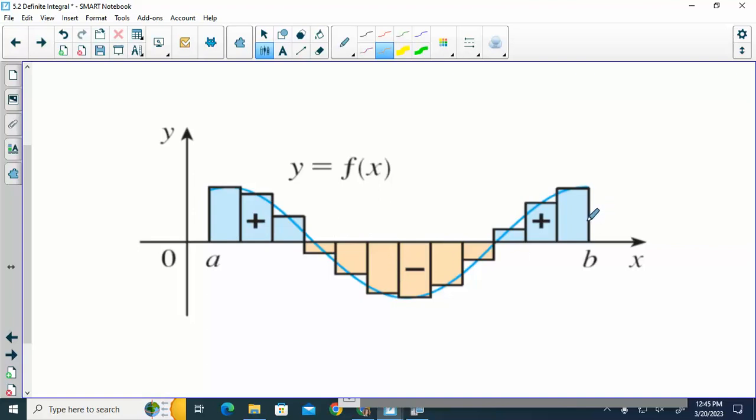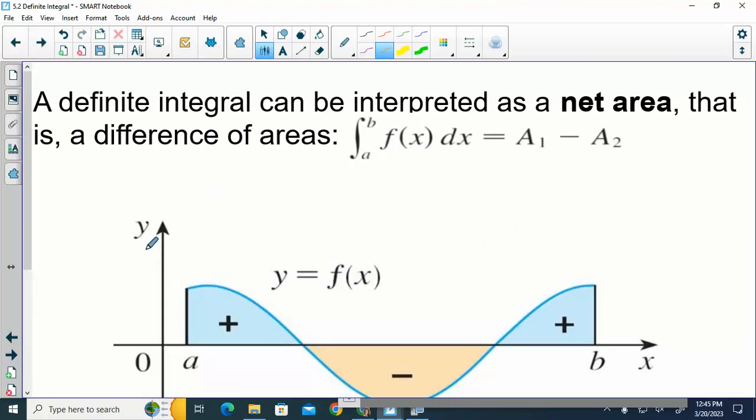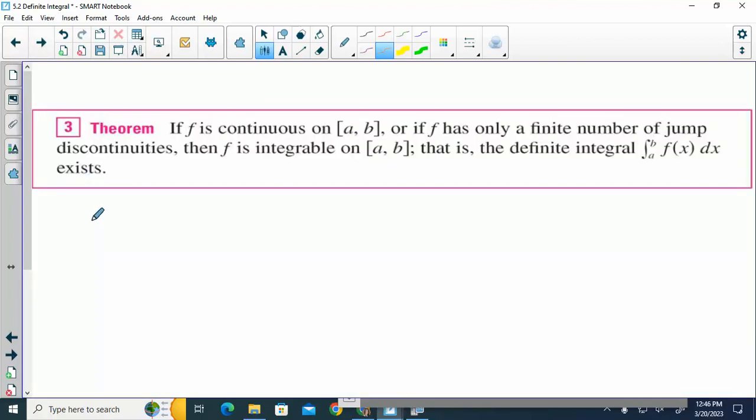Above the axis would be positive. So would it be possible to have a negative area in this respect? Sure, if something had more below the axis. That's something that has not shown up in our problems yet, because we only had functions that were strictly above the x-axis, but we will now have some that are below. So that's considered to be your net area, the positive area minus the negative area.